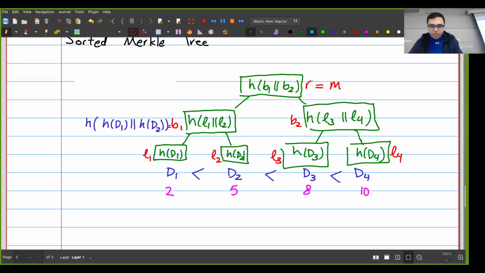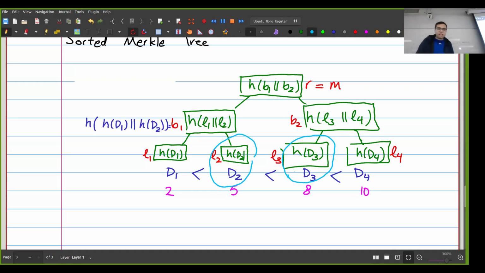So if I prove that 5 is here, which I can do with a proof of length log n, and then I can also prove that 8 is here, because I've also proven the location, I've proven that 8 comes exactly after 5, which means that there is no 6, there is no 7, right?